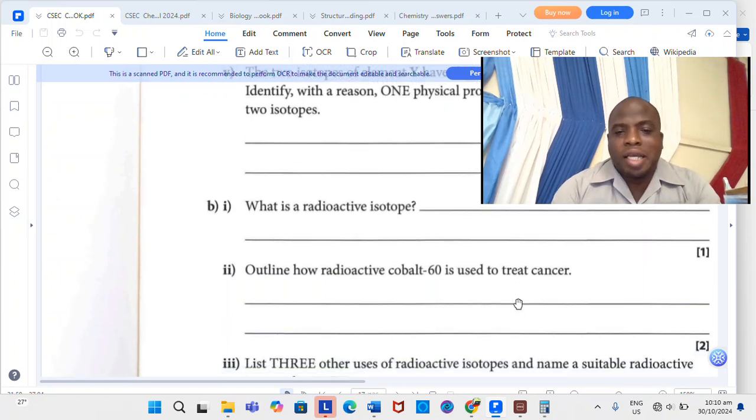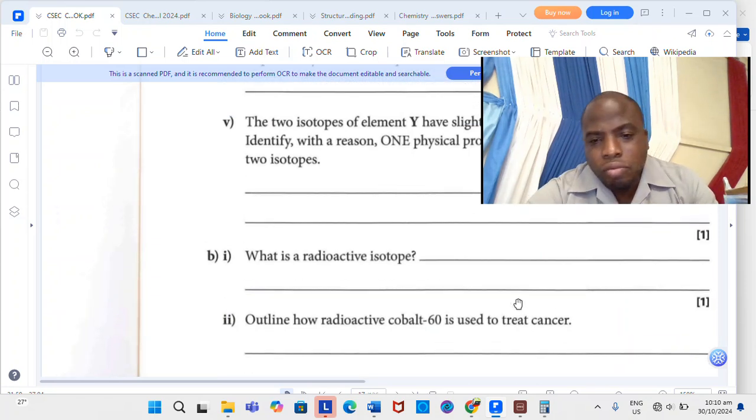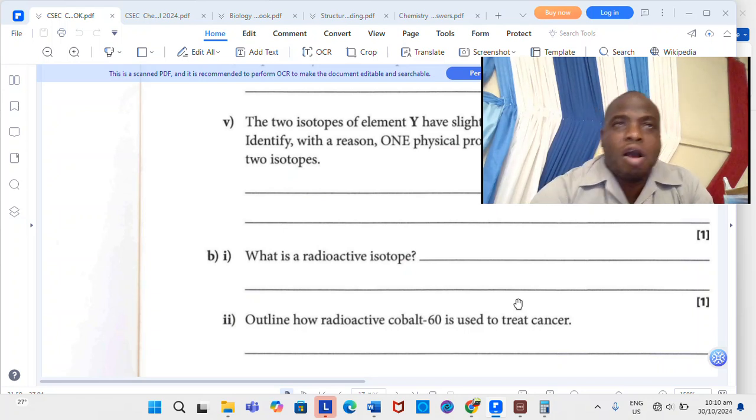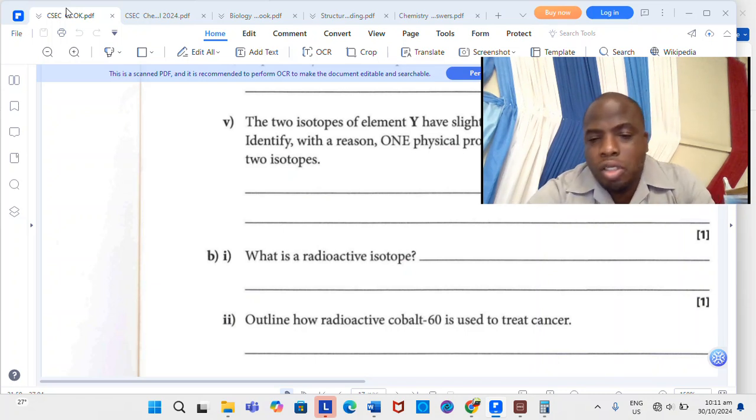What is a radioactive isotope? Now, radioactive isotopes are isotopes that have an unstable nucleus. Now, because it has this unstable nucleus, what these isotopes will do, to become stable, is split spontaneously.